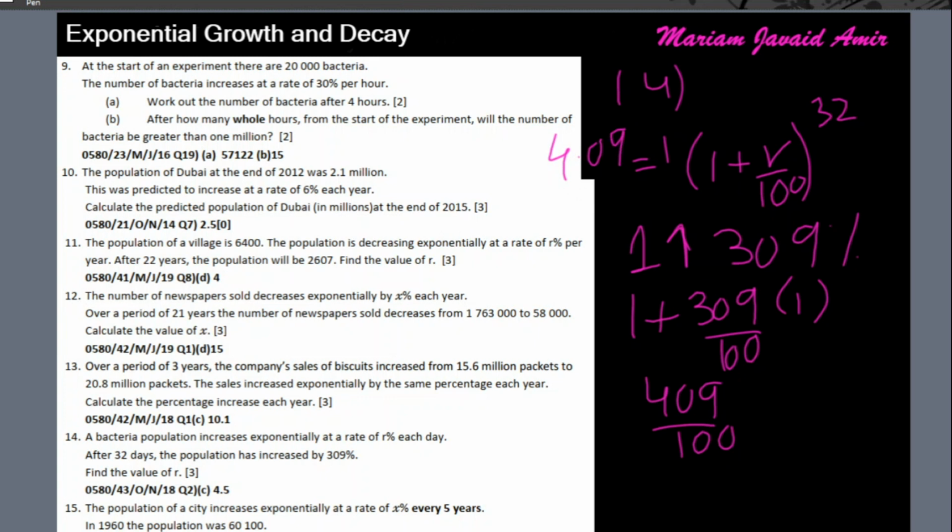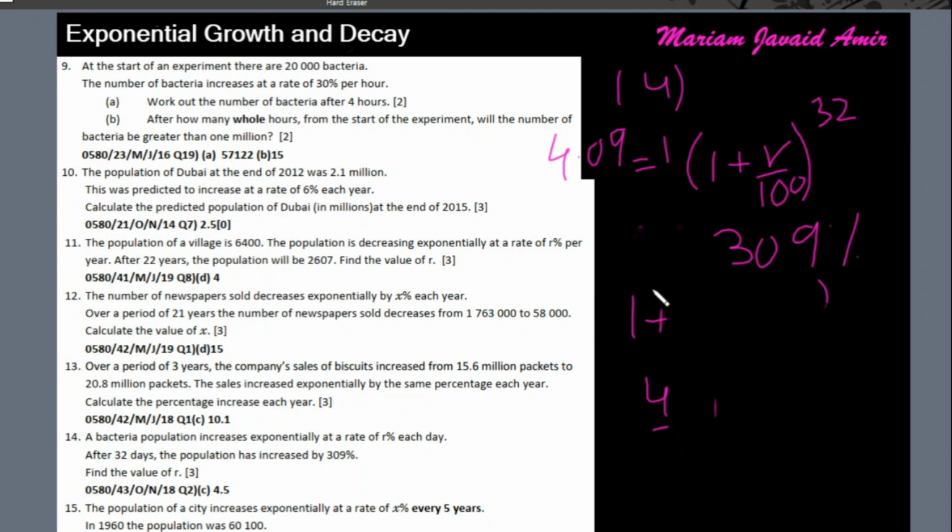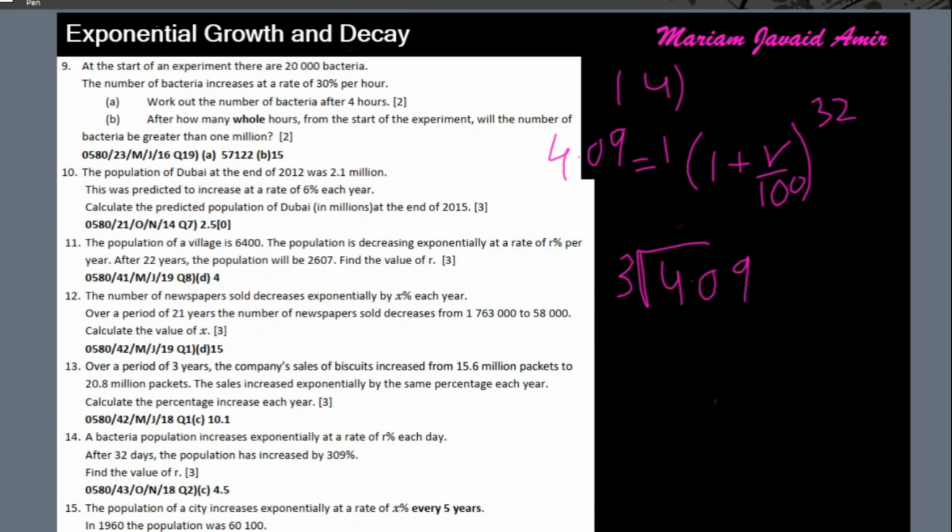So now find r. Take cube root of 4.09. Then subtract 1 from it and we'll get r over 100, and then multiply the answer with 100. So cube root of 4.09, answer minus 1, and answer times 100, we get 59.9.